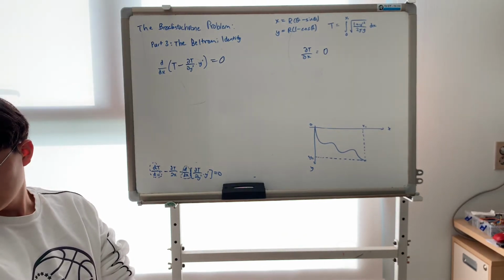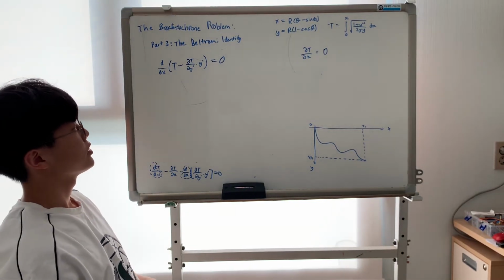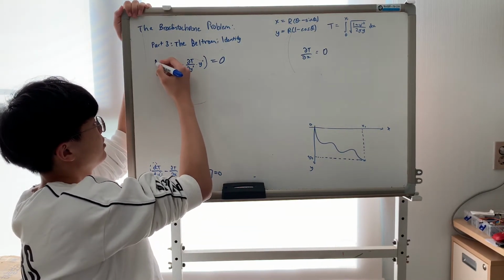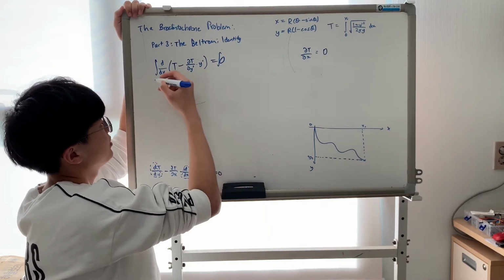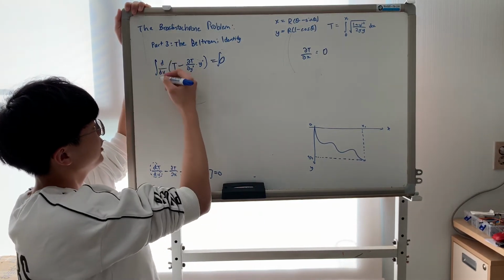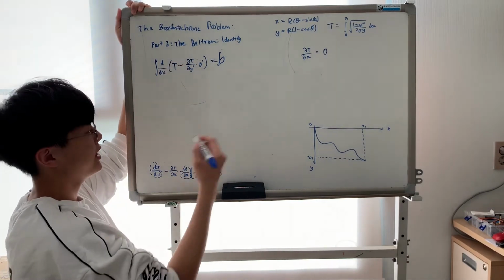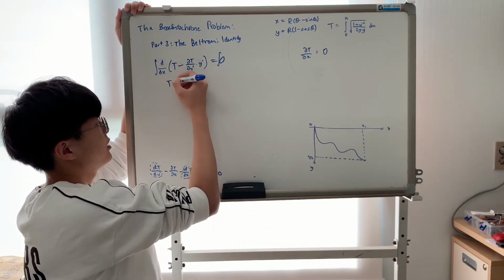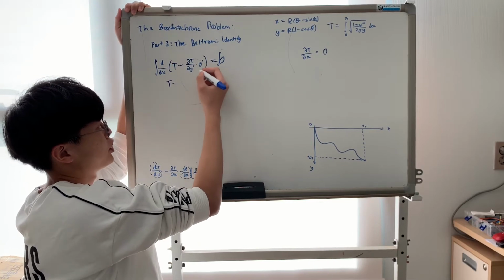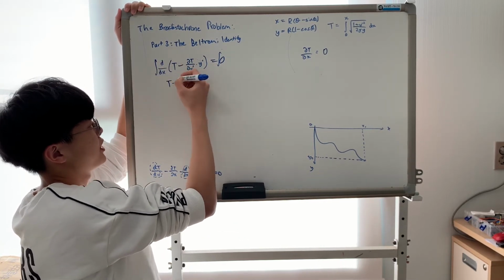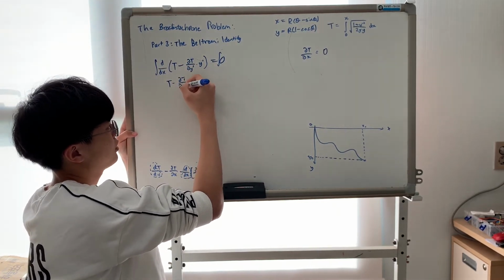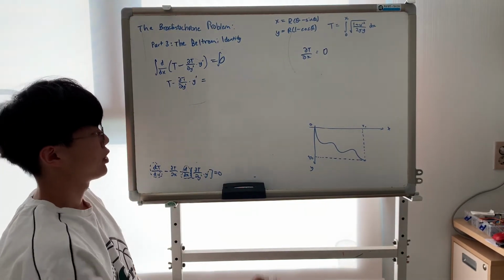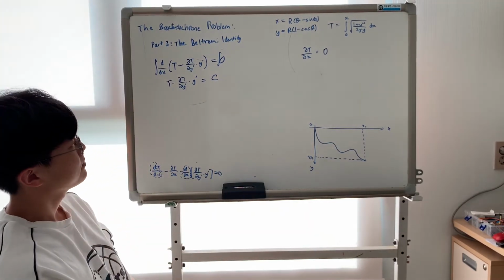When we integrate d over dx, we're basically canceling the differentiation out, so we get the inside of d over dx, this expression over here. And when we integrate 0, we get some constant called c.